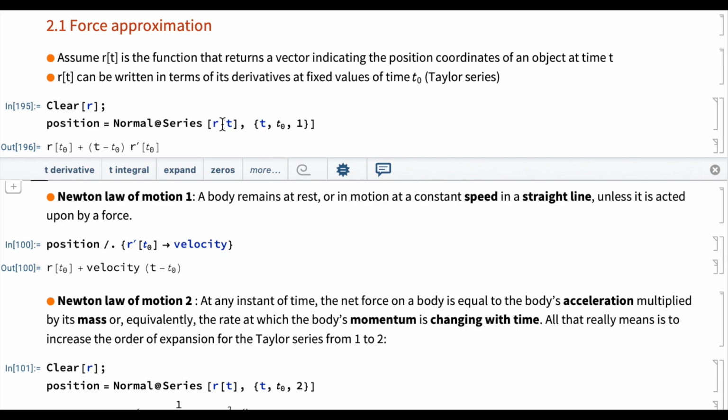The Taylor series expansion gives us this: R at time 0 plus (t minus t0), that's linear in variable t, times R prime, the first derivative of R at time 0. R prime, the derivative of R, in this case R being position, is nothing more than the velocity vector.